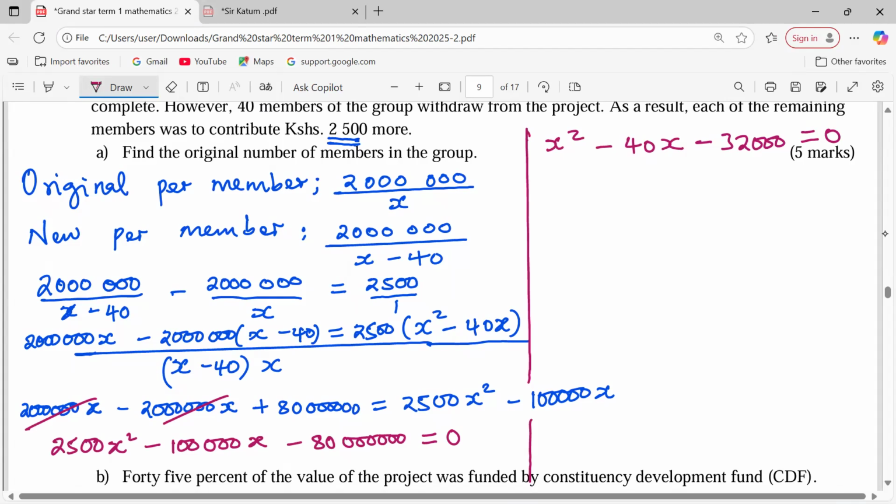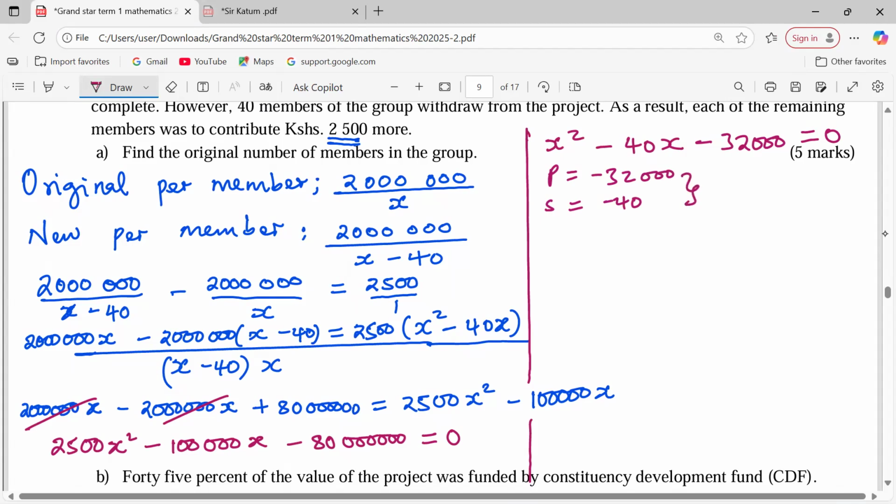Then now we are supposed to solve this one. We can talk of 200 and 160. So with 200 and 160, we need a product of negative 3200 and a sum of negative 40.